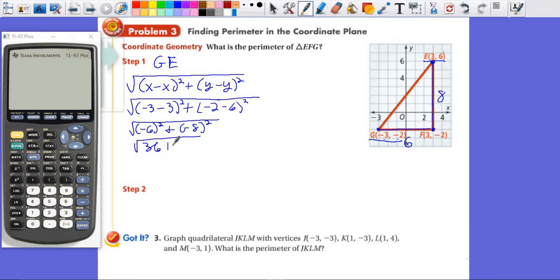And then 8 squared is 64. And then from there, clean that up a little bit. 36 plus 64 is the square root of 100. And then the square root of 100 is 10. So we know that this side is 10. Now that we have that, we just simply add all of it together. 6 plus 8 plus 10 tells us that the perimeter of this would equal 24 units.